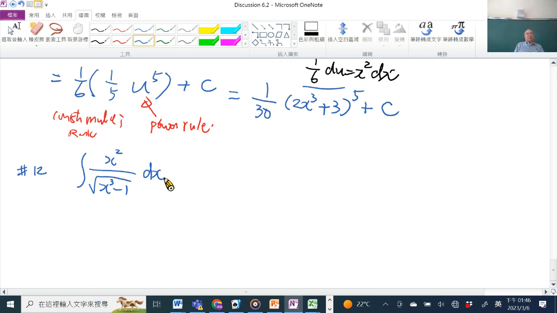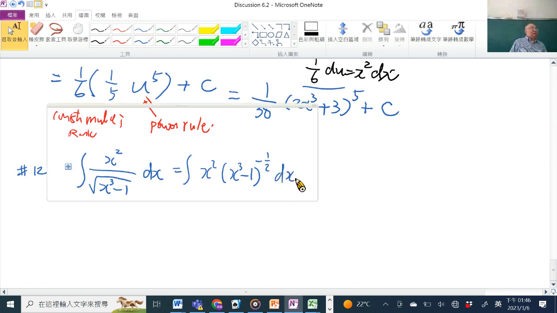However, you can rewrite it as x squared times (x to the power 3 minus 1) to the power negative 1/2 dx. So it becomes similar to the previous part. We have parentheses, we have a power, so eventually your composite function is power type, right?